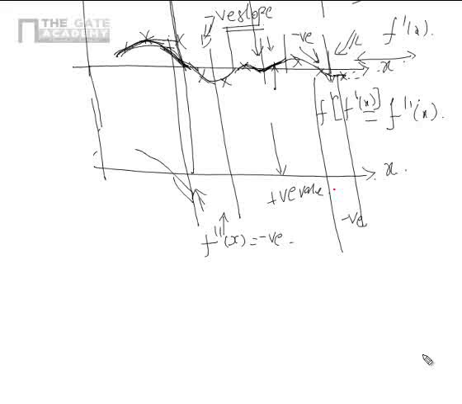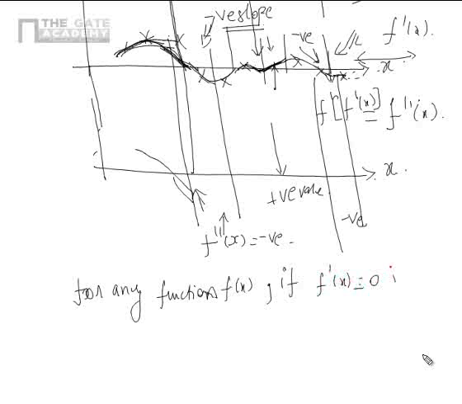So we finally conclude that for any function f of x, if f dash of x is equal to 0 and f double dash of x is negative, say at some point, then that point is a what? Max value.